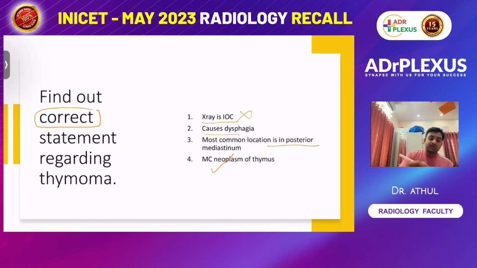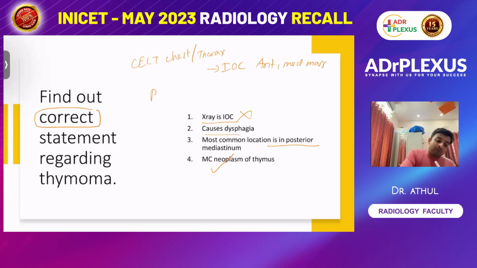X-ray is not the investigation of choice. X-ray can be the first investigation because when you take an X-ray incidentally, you may see widening of the mediastinum, or there will be some mass lesions in the region of heart or mediastinum. But if you want to characterize the lesion, then CECT chest, CECT thorax is the investigation of choice for anterior mediastinal mass.